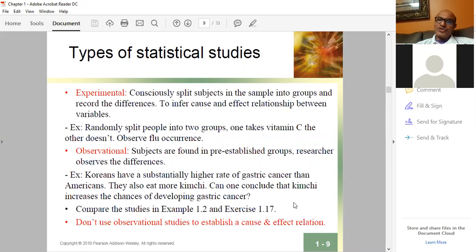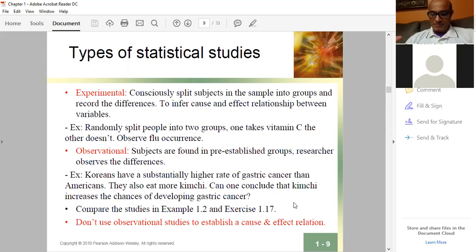Types of statistical studies: experimental and observational. Experimental means we consciously split subjects in the sample into groups and record the differences to infer a cause and effect relationship between the variables. For example, we randomly split people into two groups. One takes vitamin C, another does not. Observe flu occurrence.